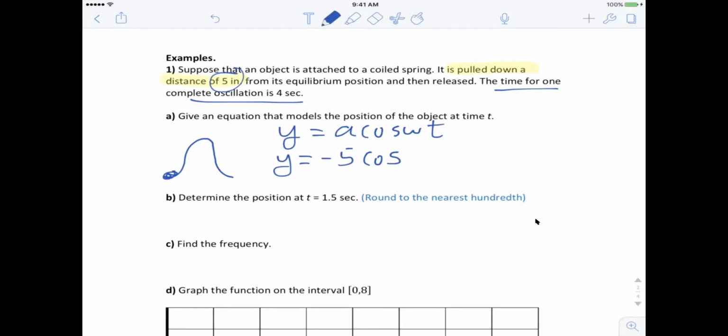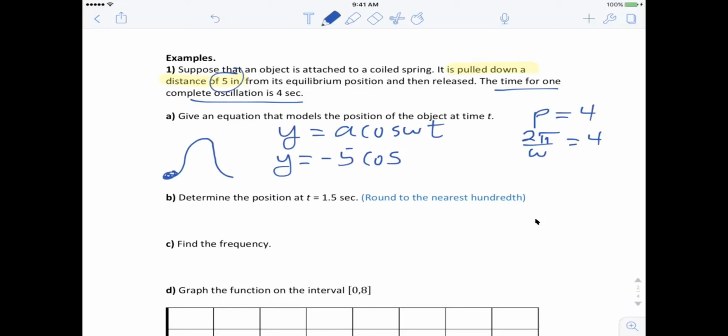So the period is 4 seconds, right? So over here, I'm going to say, okay, period is 4, which means that 2 pi over omega should equal 4, right? Or if you do a little algebra, you can switch that 4 and the omega around like you've probably seen at this point.